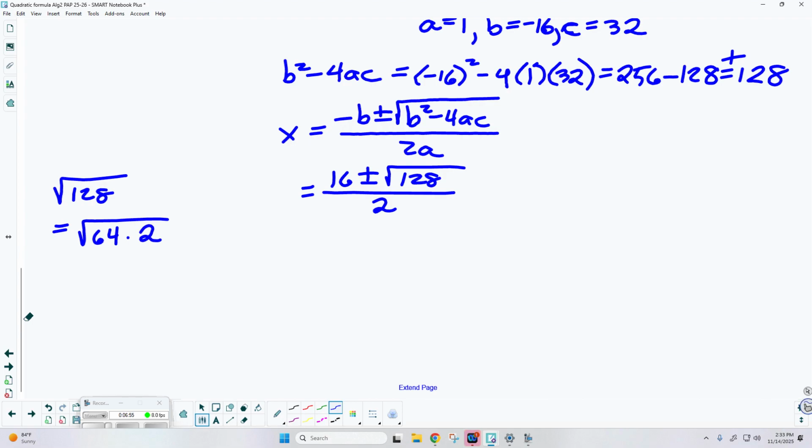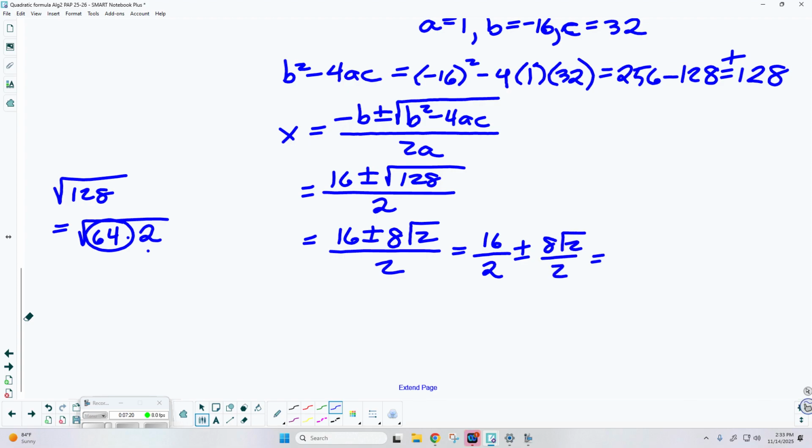Times 2. So we can take the square root of 64. This is going to give me 16 plus or minus 8, but the root 2 has to stay inside, and this is divided by 2. So that's why this one's not factorable. We have a radical solution. Now the last thing was to break those apart. So 16 over 2 plus or minus 8 root 2 over 2. So that's why we're getting 8 plus or minus 4 square root of 2.